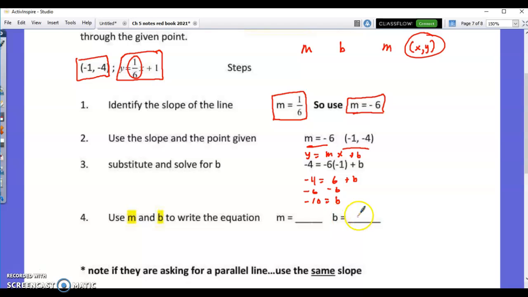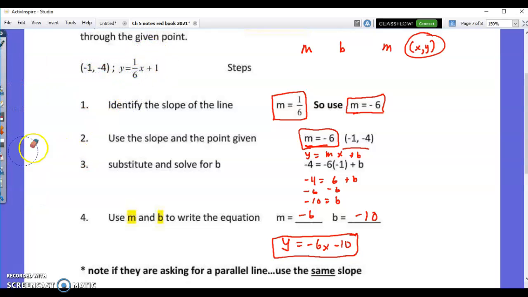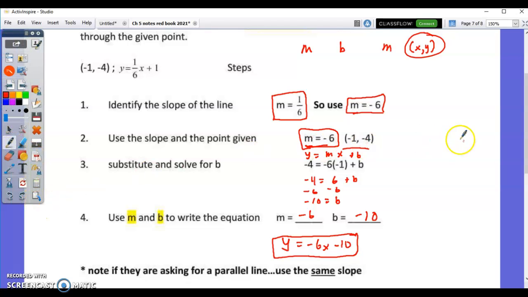So I know -10 is my b. I figured out my slope, -6. So the equation of the line is y equals -6x minus 10. This is the equation of the line that is perpendicular to this line that passes through that point. Okay? So that is how you set that up.